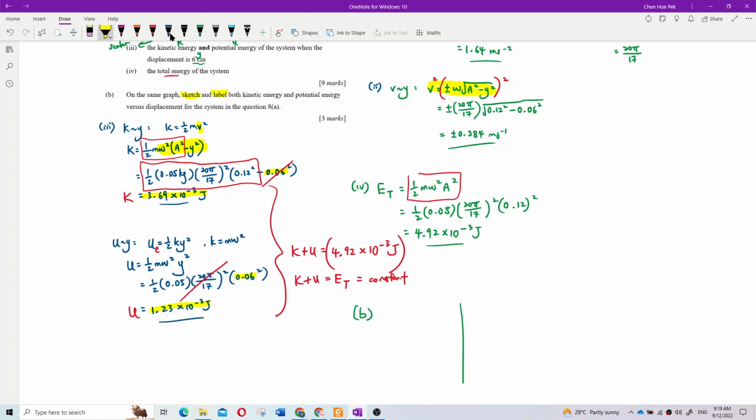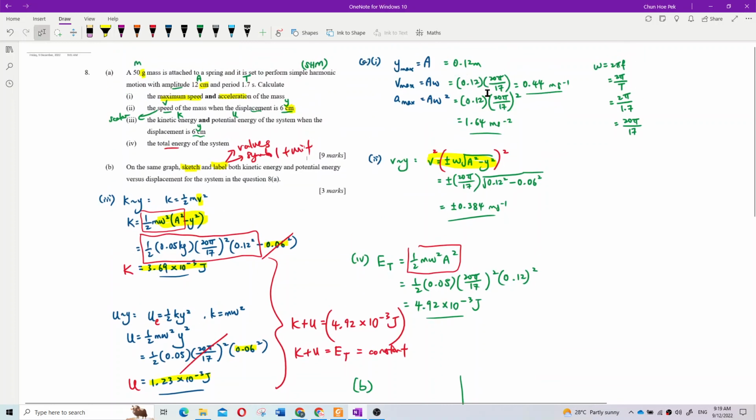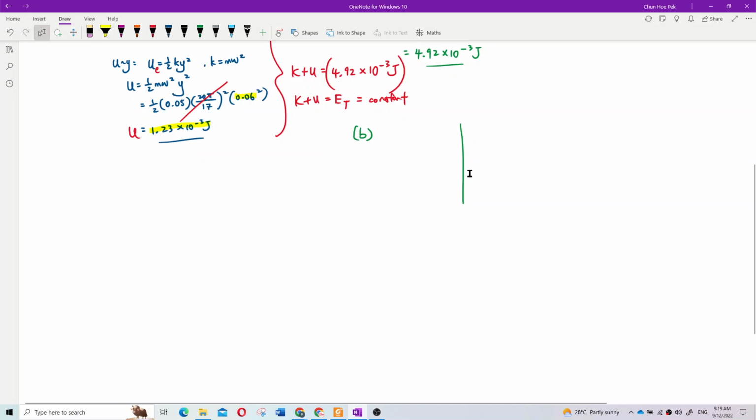Label means label the values, label the symbols at the axes and the units. Not just sketch only, you must also put the total energy and the amplitude value you got just now in the graph. Understand or not?